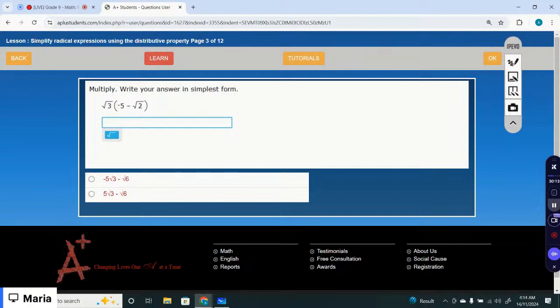Multiply. Write your answer in simplest form. So which is the correct option?